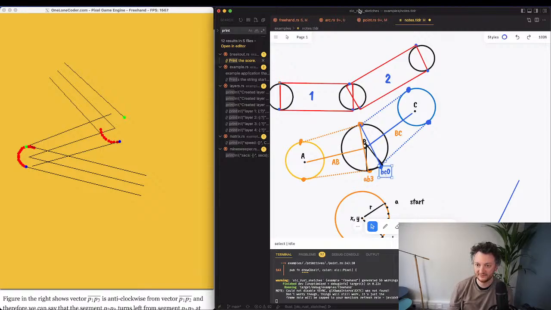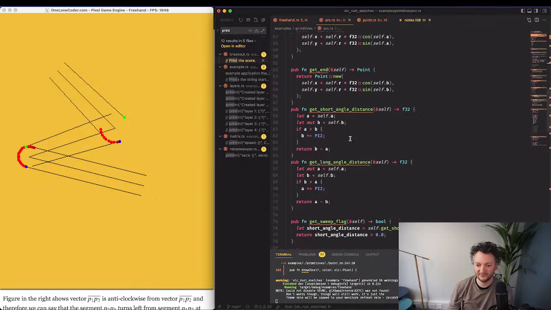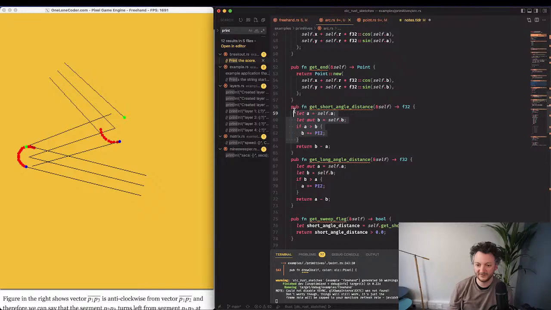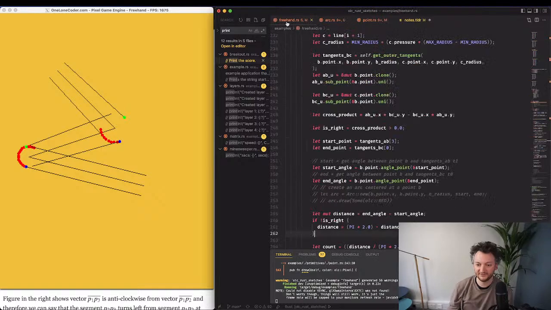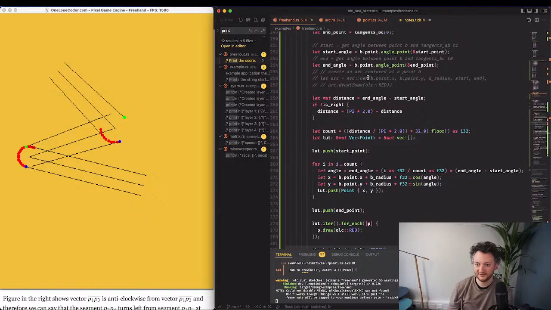Yeah, I might go back to what I was doing for the short angle distance here. So this is the short angle distance of two angles. And that is looking like this.